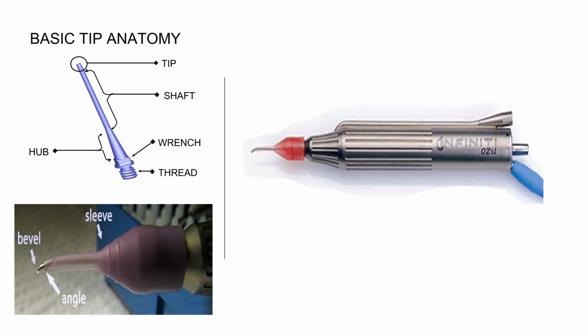So irrigation has to be always balanced with aspiration. Irrigation has to be more than aspiration, or at least at the same level as the aspiration.